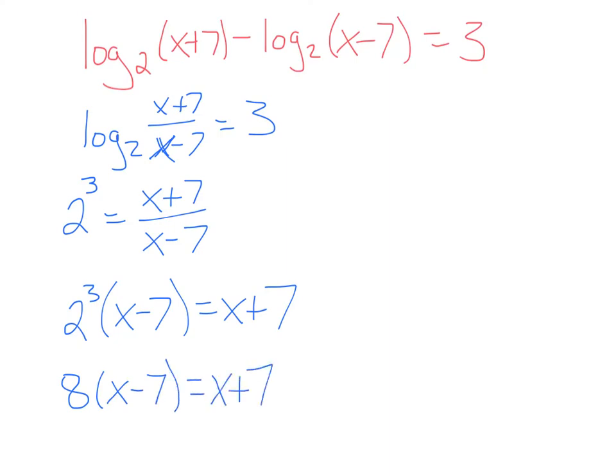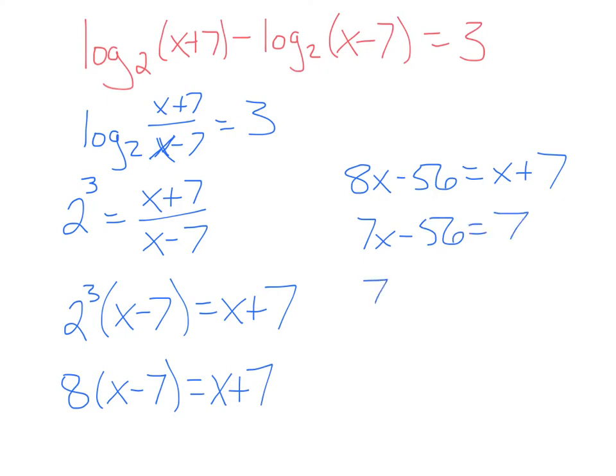We're going to distribute the 8 and get 8x minus 56 equals x plus 7. Subtract x from both sides and have 7x minus 56 equals 7. Add 56 to both sides and get 7x equaling 63. Divide by 7 and x equals 9.